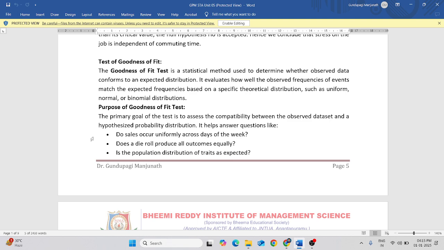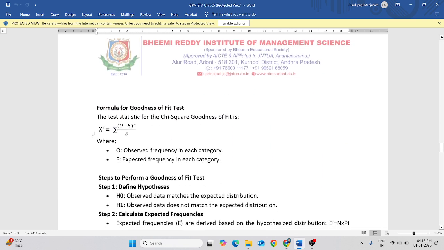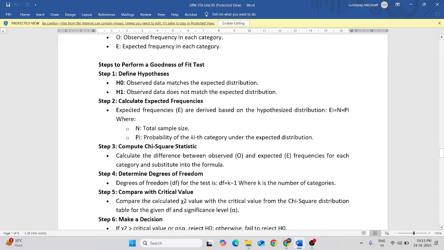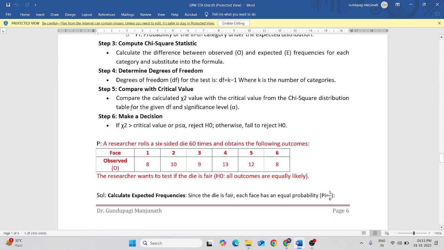Sometimes we go for the test of independence, but there is not much difference. If we observe, even the same formula that we use for the chi-square test, here also we use the same.